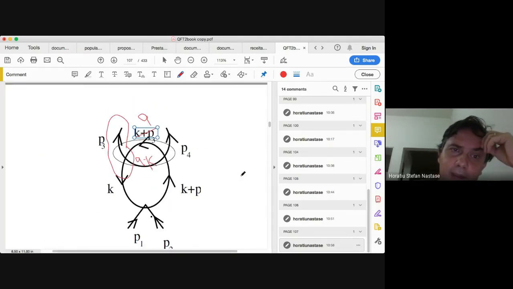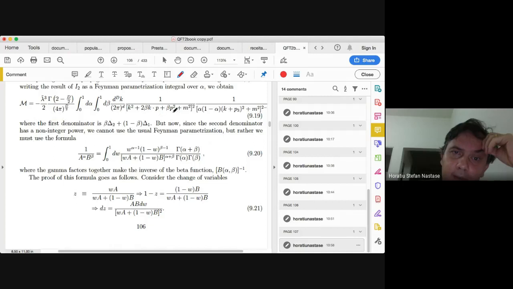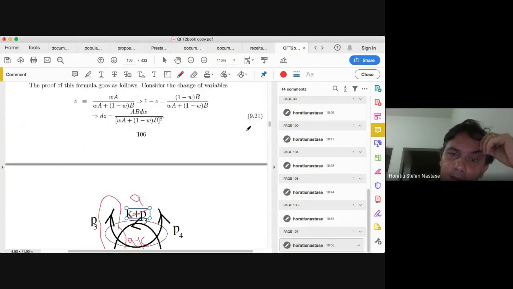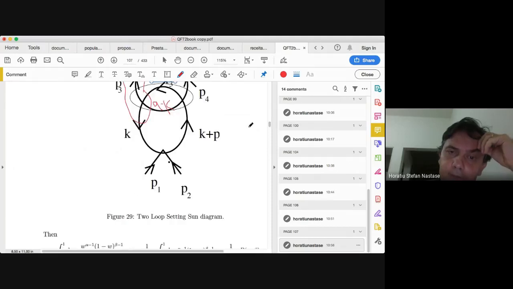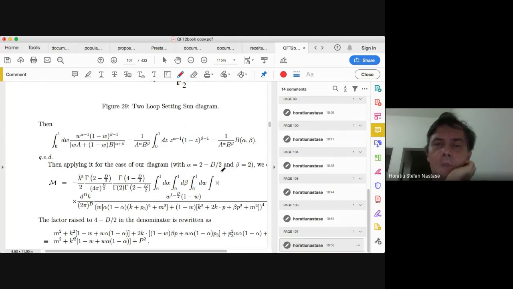So we apply this formula to our case. I have A is this thing, alpha is 2, B is this thing, and beta now is non-integer, 2 minus d over 2. Well, or I guess I put it the other way around. I switched alpha and beta, and then b, whatever.